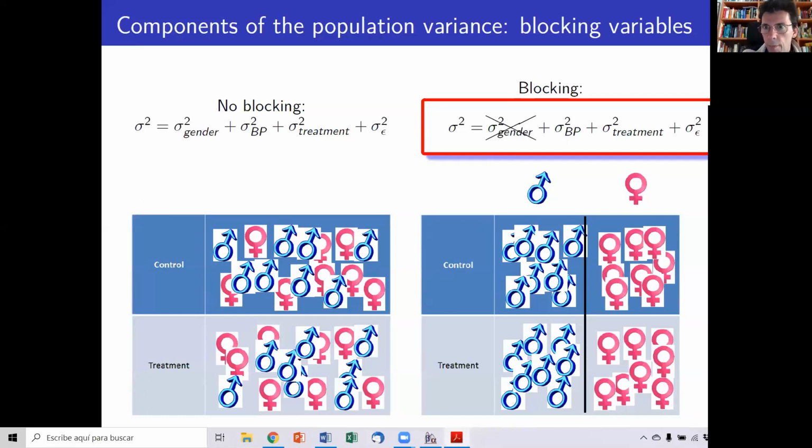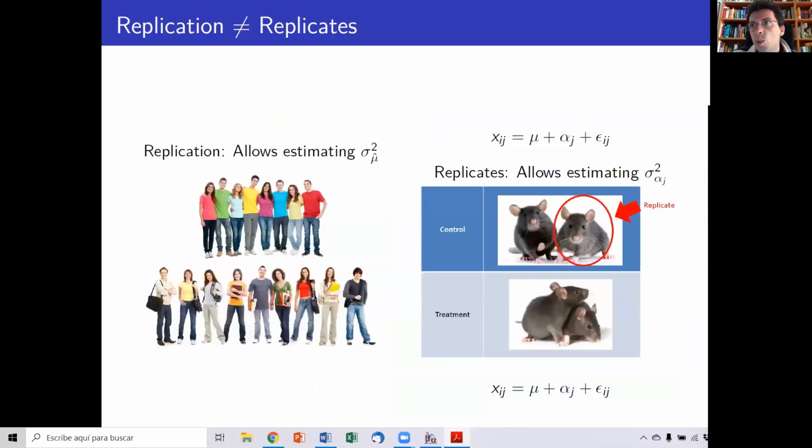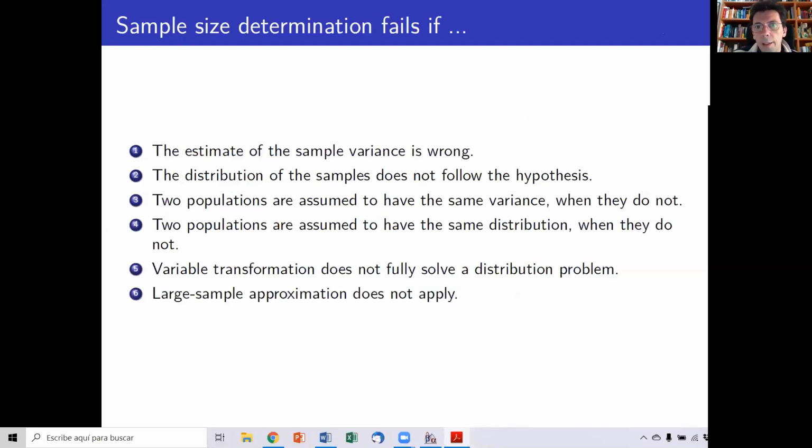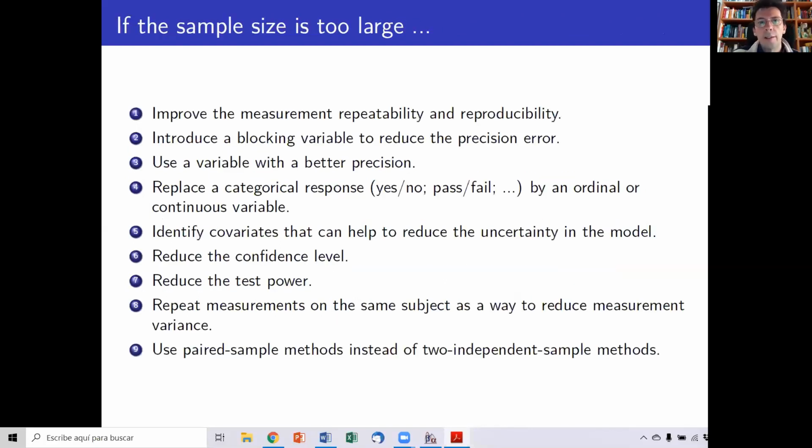So if you can measure the room temperature, it is the same as if you are measuring the gender of your observations, or you are adding information into the system. The more information you add into the system, the more you will be able to explain, and then the less unexplained variability will remain, and the easier it will be to show if the treatment has an effect.